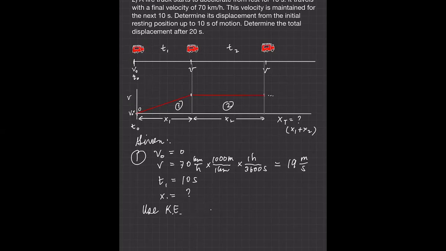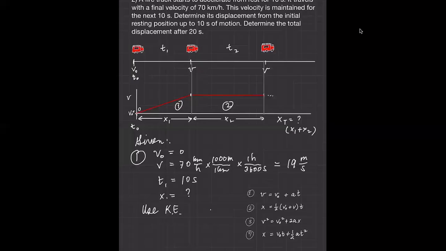What equation, what do you think? Okay, so recall your kinematics equation. You have V naught, you have V, and t. So I think it's equation number 2. Okay, so now we know what equation to use.